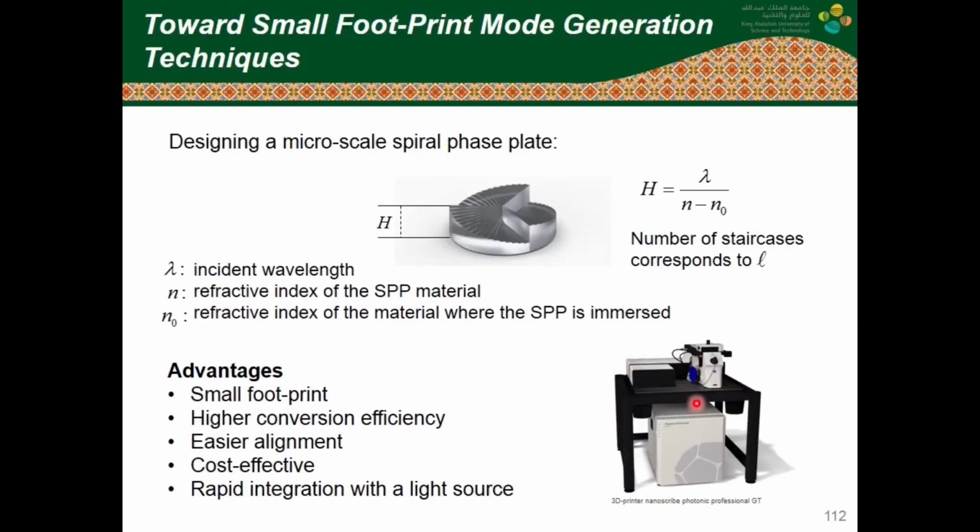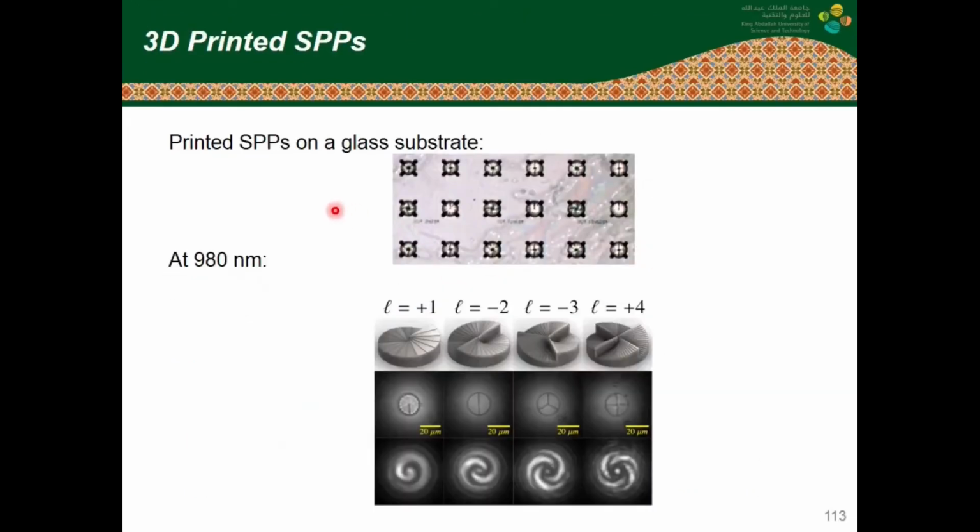The 3D printed spiral phase plates can be easily integrated with laser sources and have a high conversion efficiency, meaning if one of the plates is shined with a laser beam, more than 98% of the light will go through the plate. The printing process is also not complex, and the printed plates are easy to work with and easy to align.